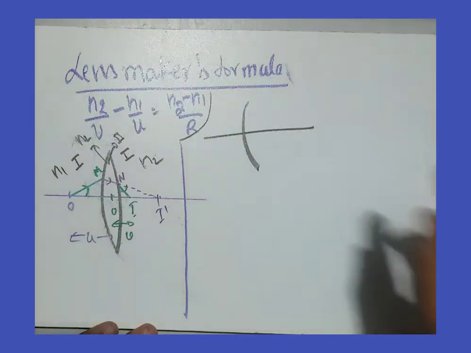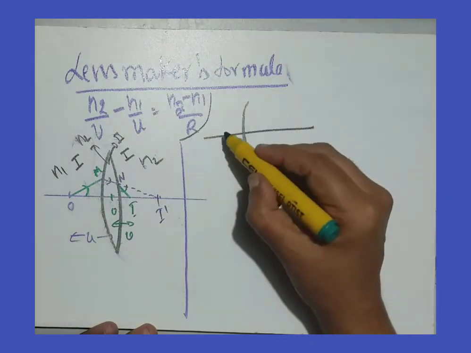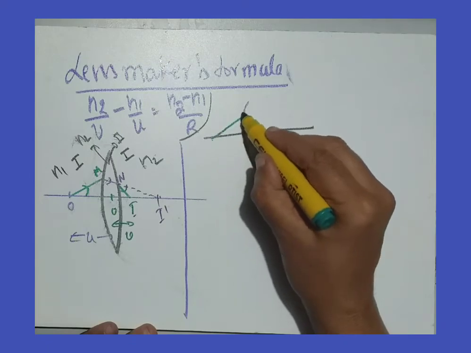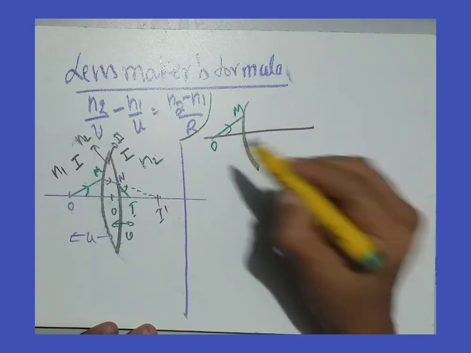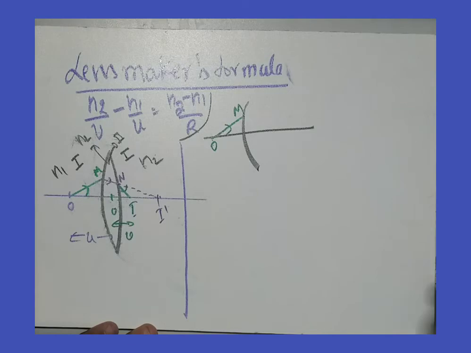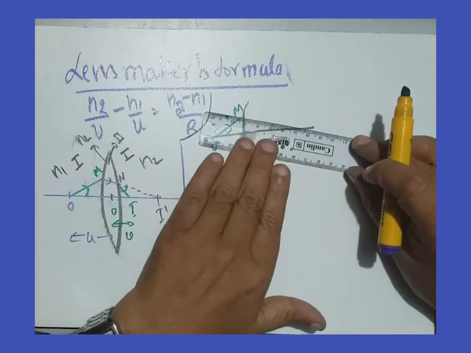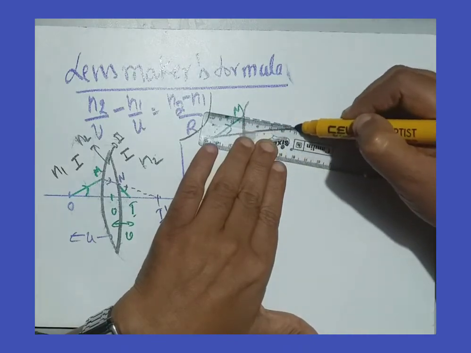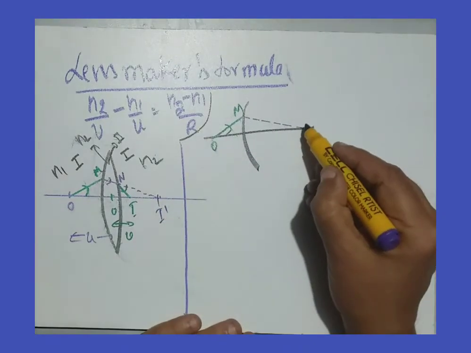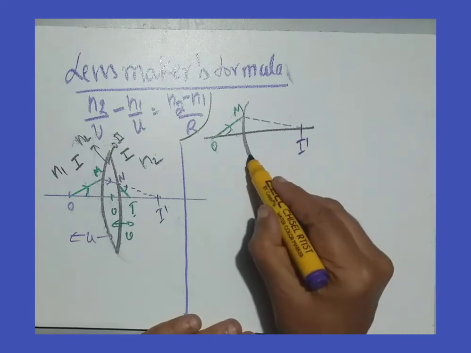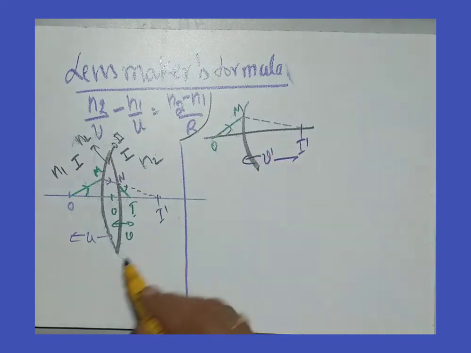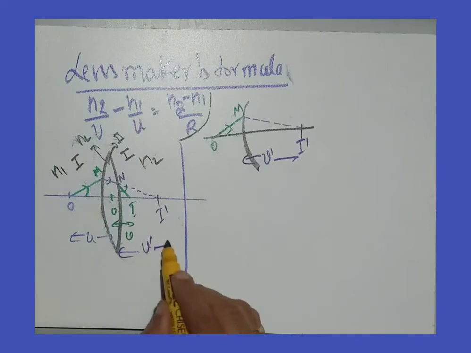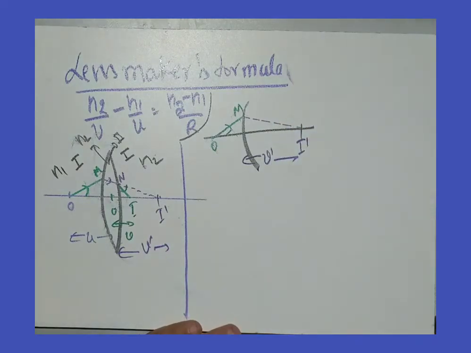Say this is the left side surface. The light from the object will be like this. Once it undergoes the refraction, it moves straight as there is no second medium and it forms an image I dash at v dash as we said previously. Say this is v dash. Here also this is v dash. Now we apply curved surface formula for this.